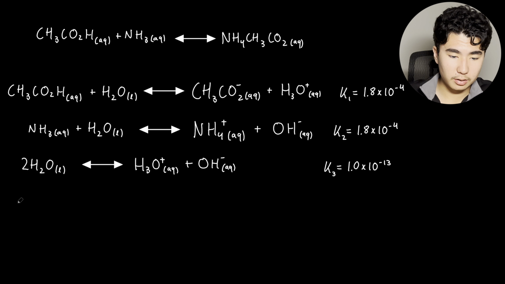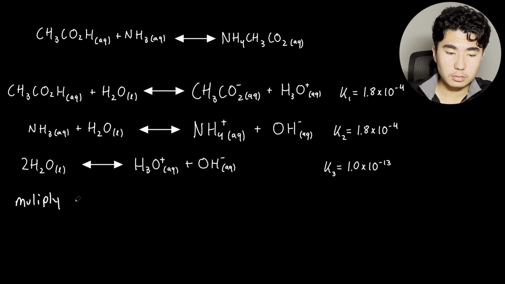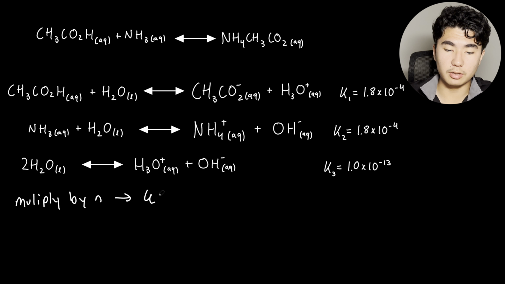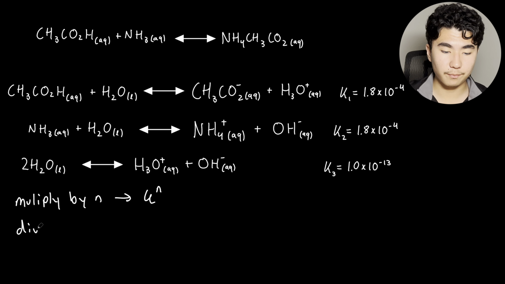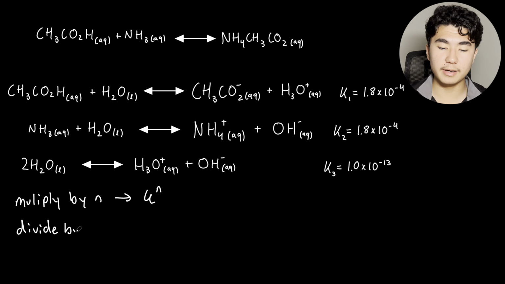So if we multiply by n, then that goes to k to the power of n. And if we divide by n, where n is just some arbitrary number, then that will go to the nth root of k.